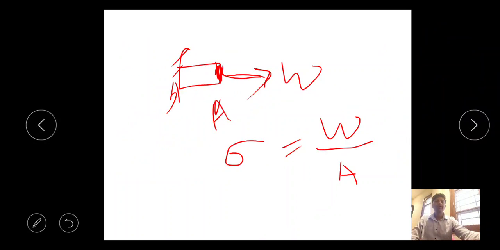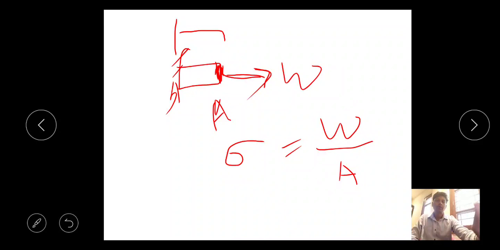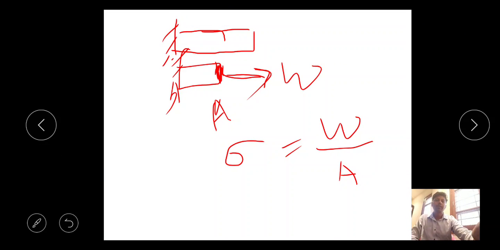Whenever you apply a small force W on this component, what will happen? After applying a force, it will change its length.